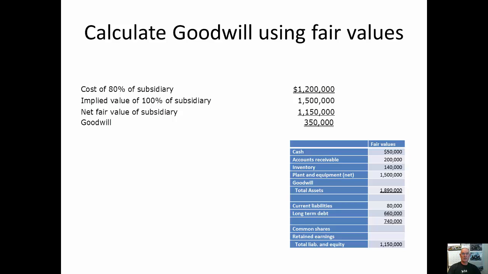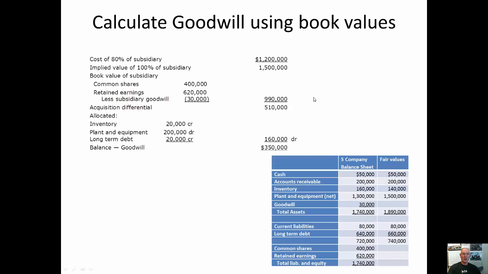So again, this is a very quick, easy calculation, and it gives you a check figure when you use book values and allocate your acquisition differential. So remember, our goodwill here was $350,000. Now we're going to calculate goodwill using book values, and I've reproduced the balance sheet here, and you might recall that the book value of the subsidiary can be seen as the book value of assets minus the book value of liabilities, or simply add up your shareholders' equity.